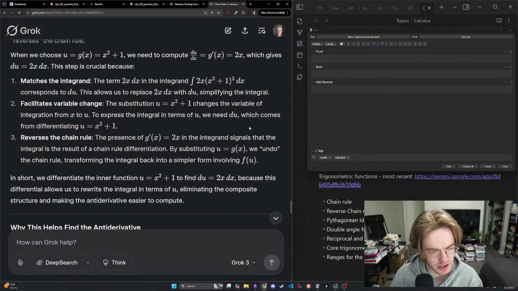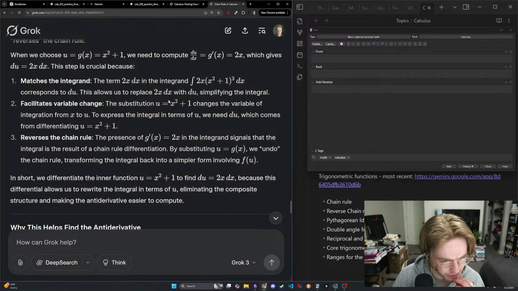It facilitates the variable change. The substitution u equals x squared plus 1 changes the variable of integration from x to u. To express the integral in terms of u, we need du, which comes from differentiating u equals x squared plus 1. It also reverses the chain rule. The presence of g prime of x equals 2x in the integrand signals that the integral is the result of the chain rule via differentiation.